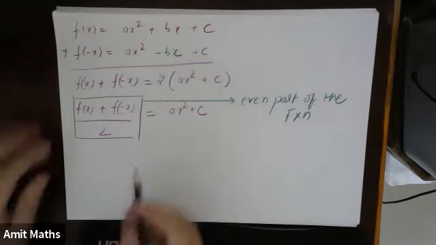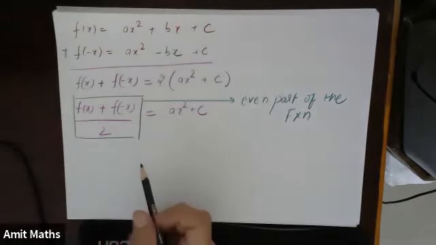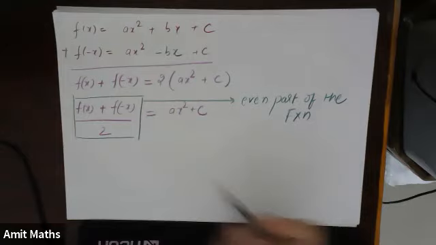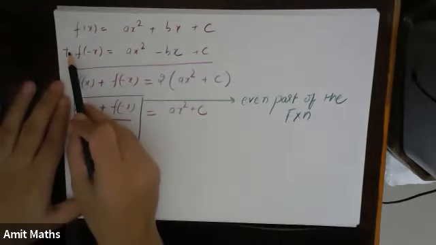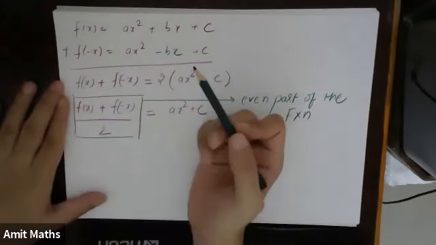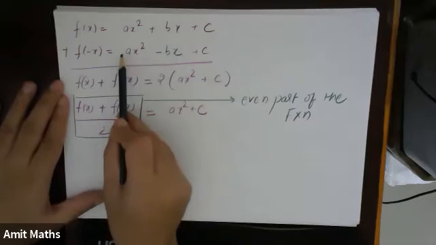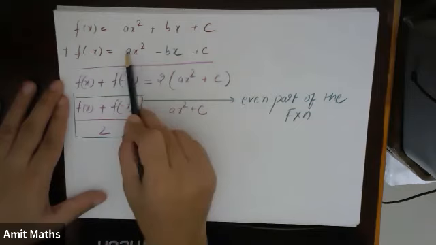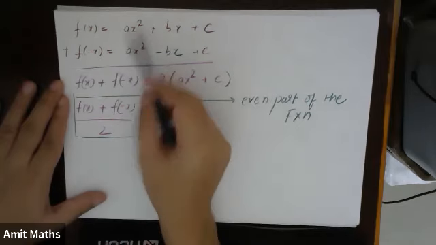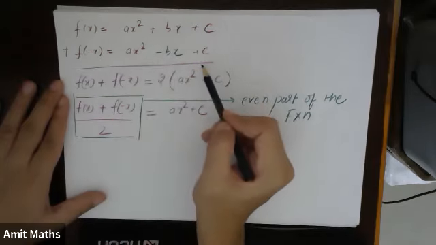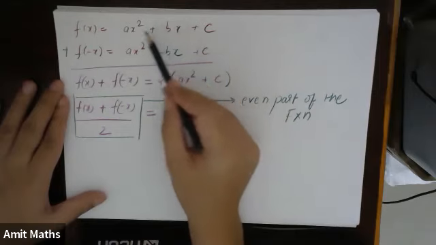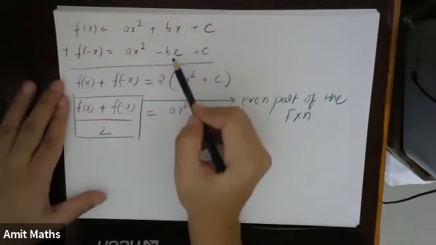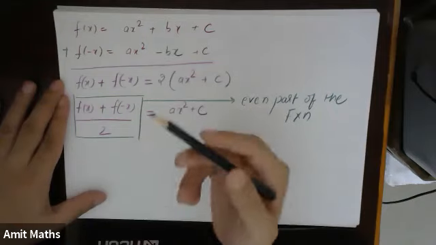Understood? Now second is, if I had to find the odd part, instead of addition, what will I do? I will subtract. When I subtract, this minus will become plus and these two will become negative. So when I subtract both of them, the even part will get cancelled and only the odd part will be added up.